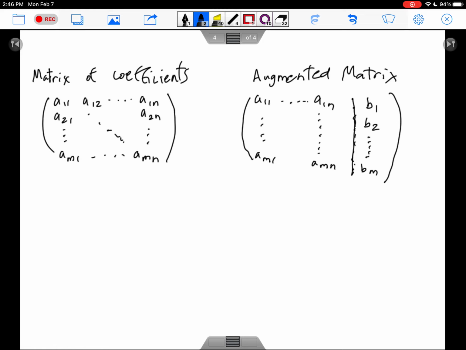I'll make it solid so you could tell the difference here, okay? So if you add in those B's, we call that the augmented matrix. This will completely tell you the system of equations, right? So what we've done is we've taken A and we've adjoined or augmented it with B, right?